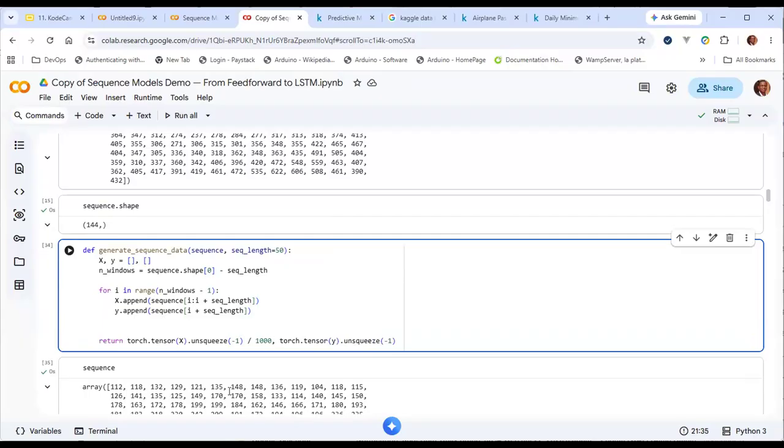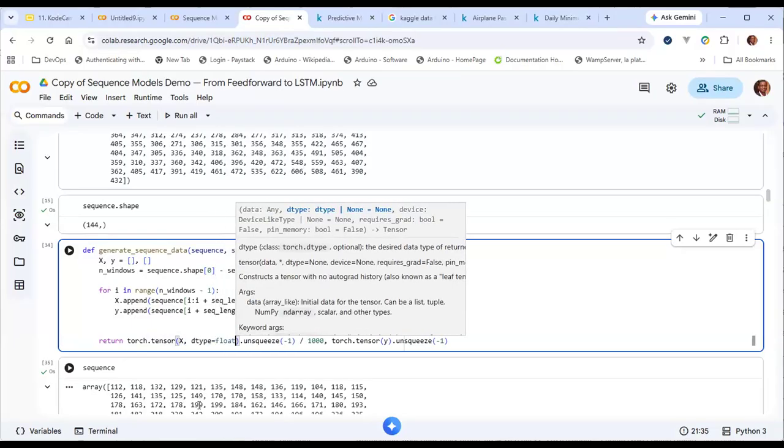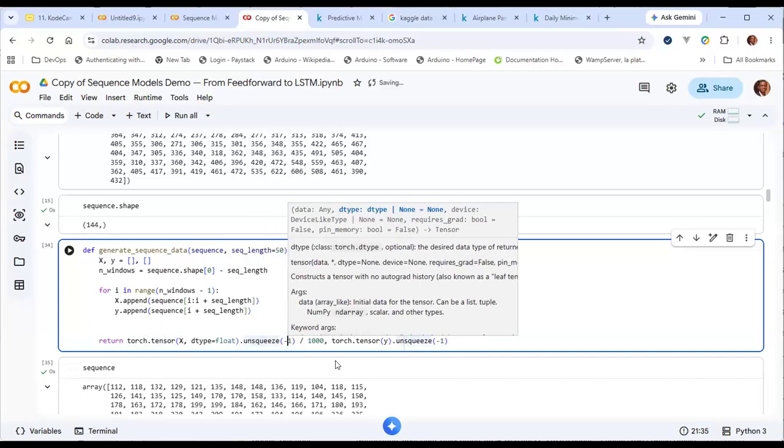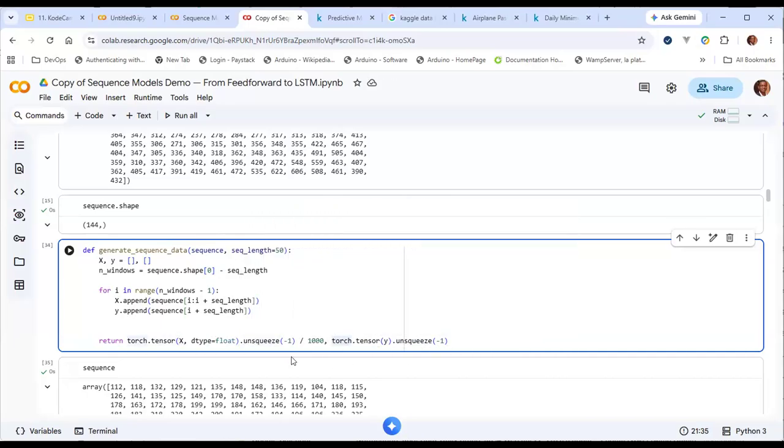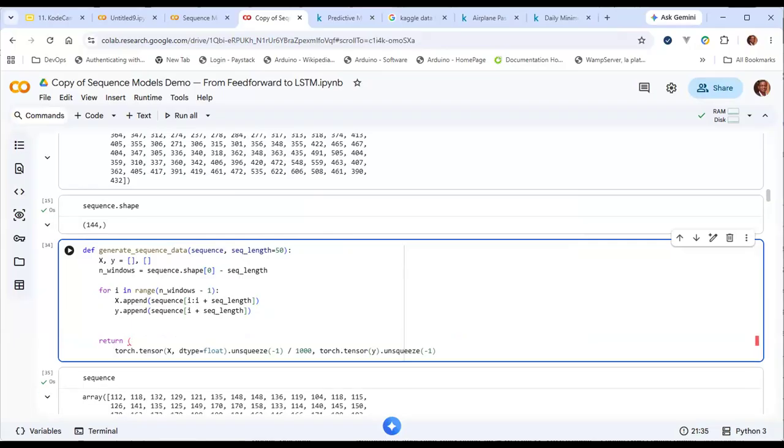But we would first of all have to add the type. When you're doing torch tensor, you can specify the type. The type was float. Okay, and you divide by 1,000. So that's the normalization there. And let's put this on 2 lines so it's easy to understand.